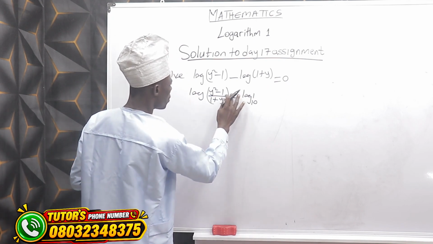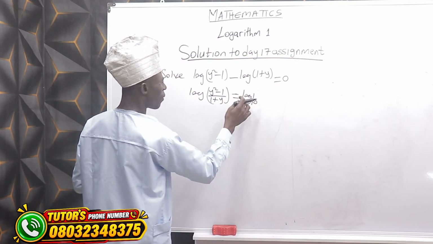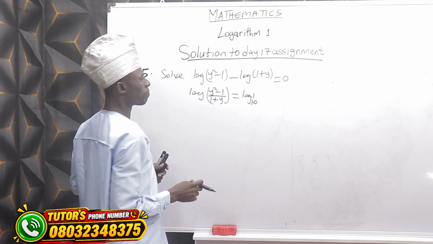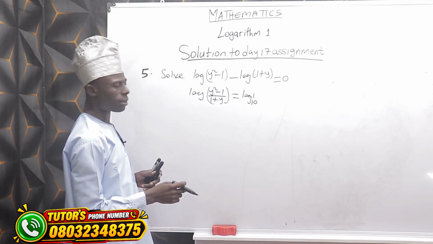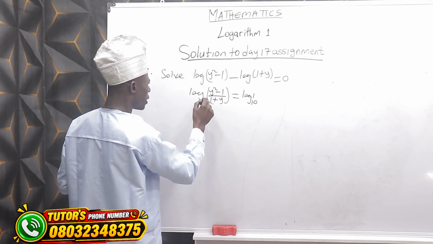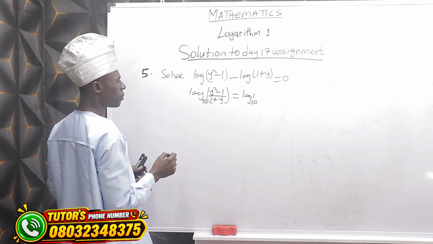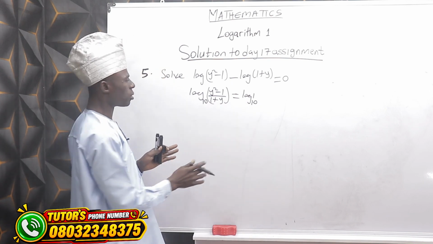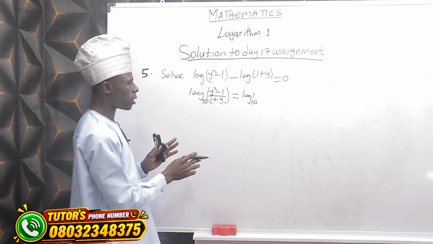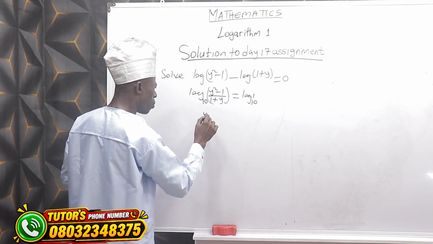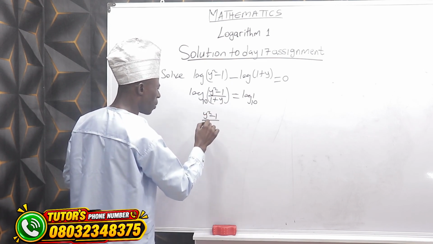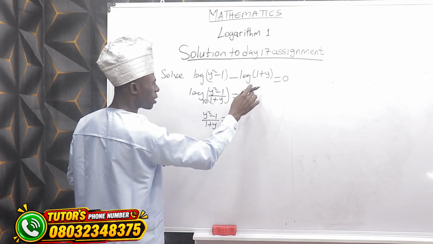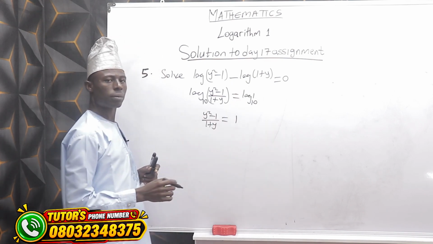So, in the place of that 0, you are free to put log 1 base 10. Do you understand? So, and the base 10 is here as well. So far, we have equal bases on different sides of the equation. Their logarithm number also are the same. The logarithm number here is y squared minus 1 divided by 1 plus y. While the logarithm number here is 1.